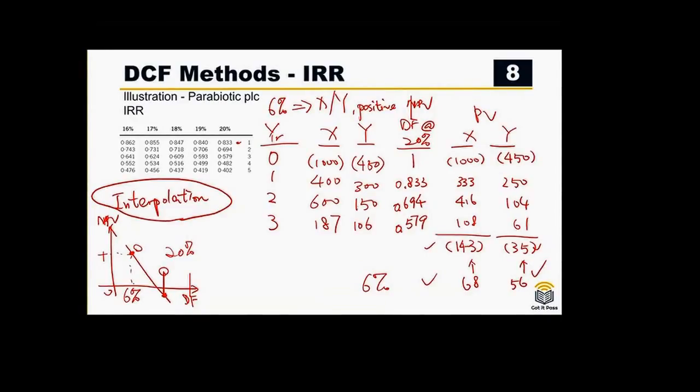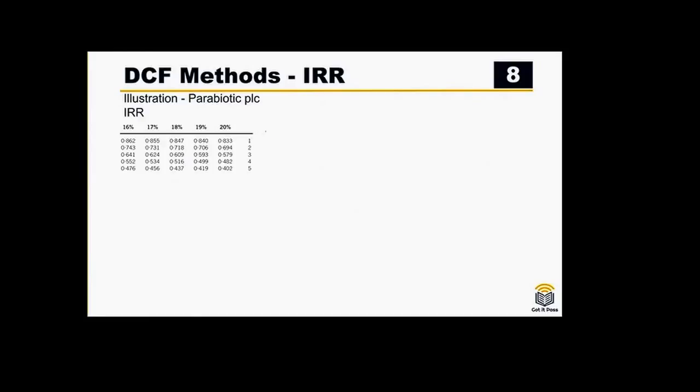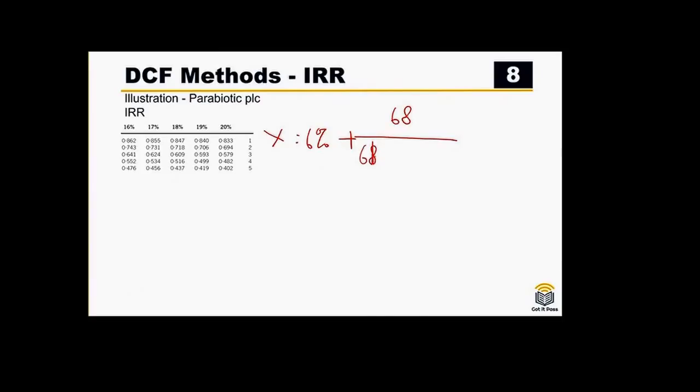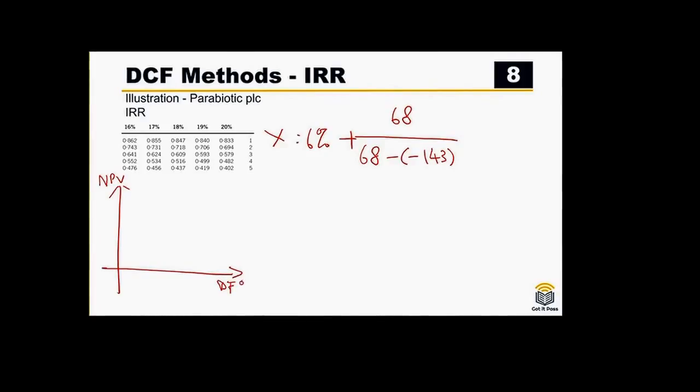We all have this number, this number, this number, this number. So I give you the formula, then you can get the IRR for X. At 6%, which makes the NPV positive, the NPV is 68, divided by 68 minus... If you remember the chart, I said here is positive and here is negative.